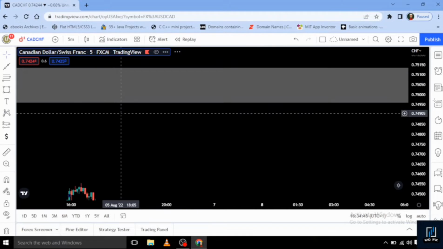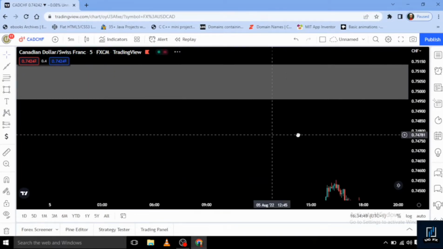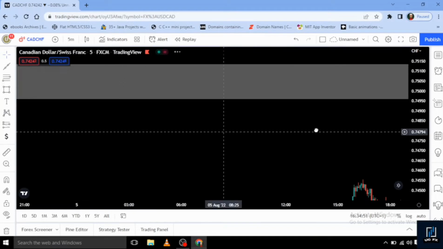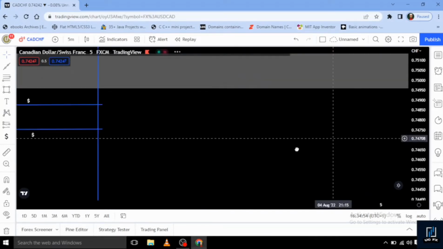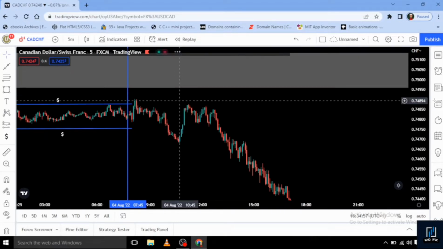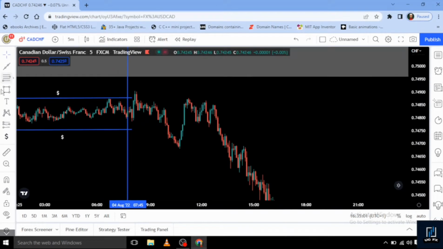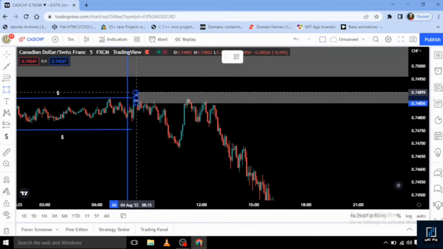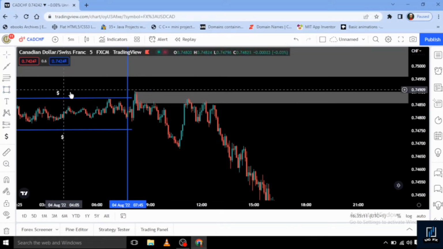So here we are on the 5 minutes time frame. So let's try to look at that. Yeah, it is nicely spotted. We have this little green candle that actually took out this liquidity.